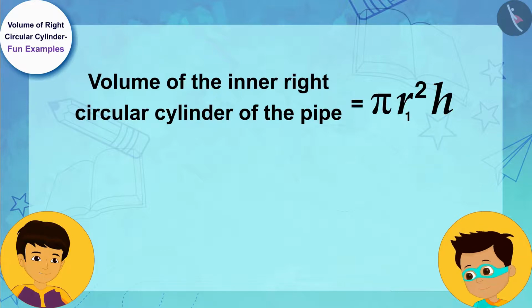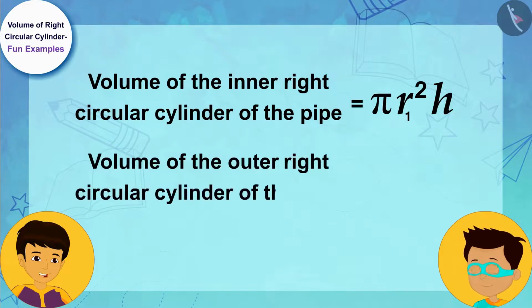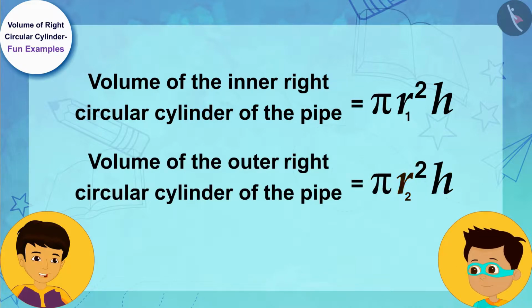And we can write the volume of the outer right circular cylinder of the pipe as pi r2 square h, where r2 is the radius of the outer base of the right circular cylinder and h is its height.